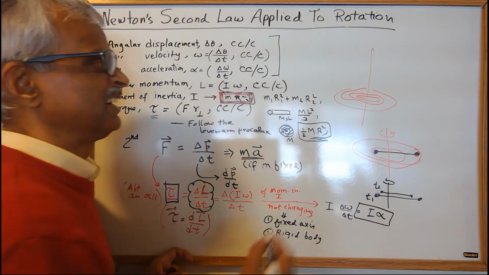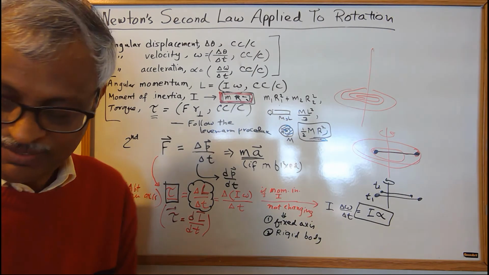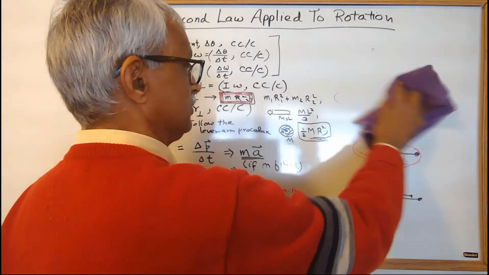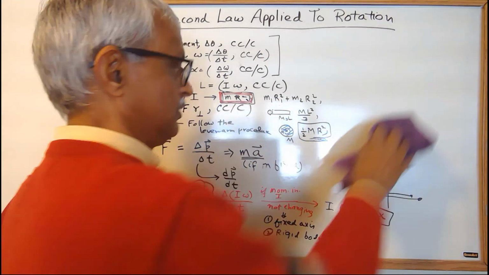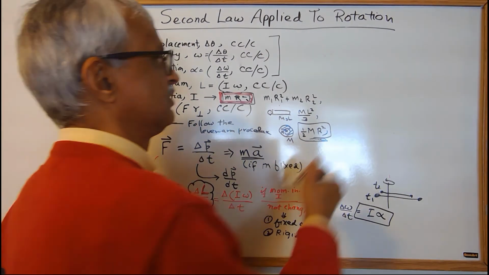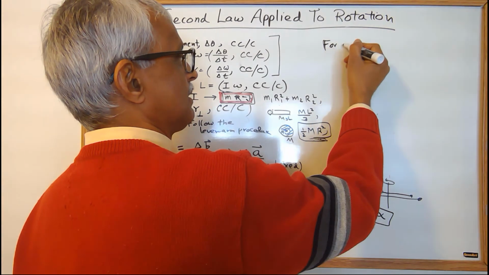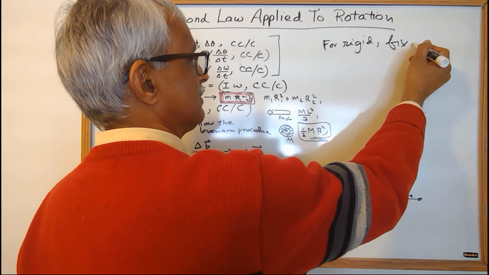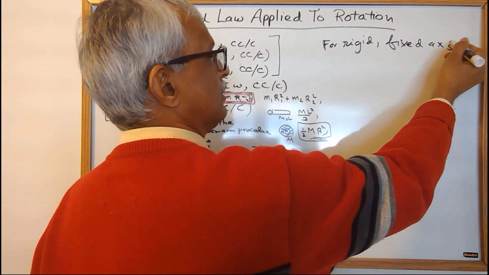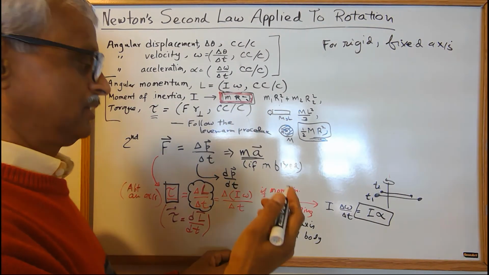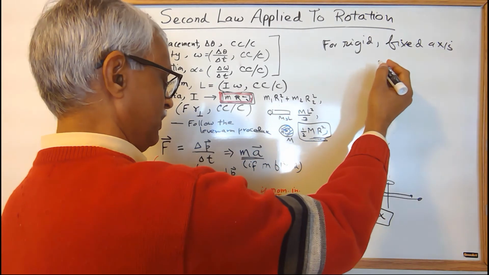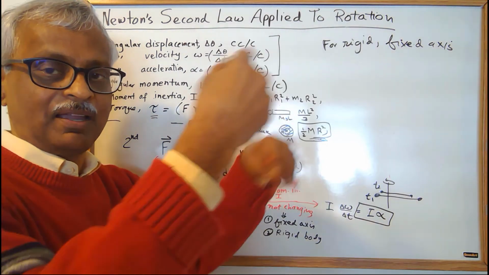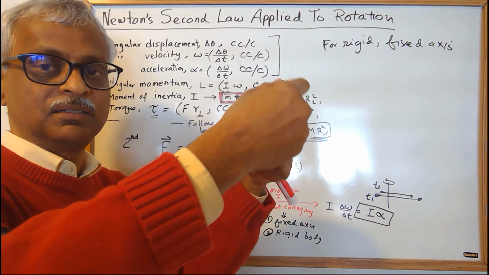So often we write it like this. We say moment of inertia times alpha, for rigid bodies, for rigid body fixed axis. We're not moving the axis around, like we're spinning a disc, or rotating the bike wheel.